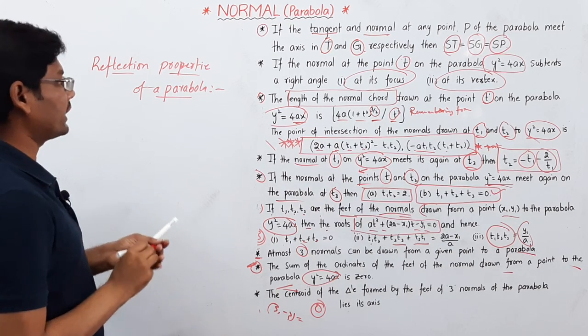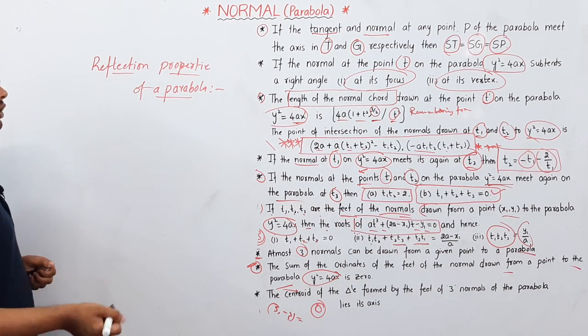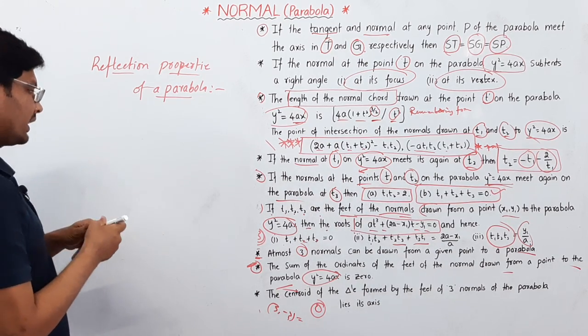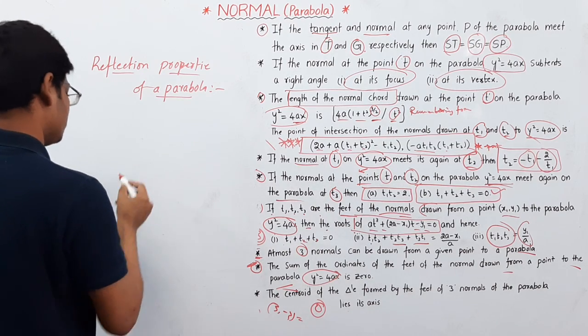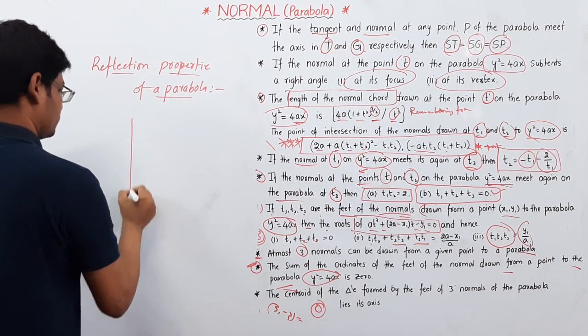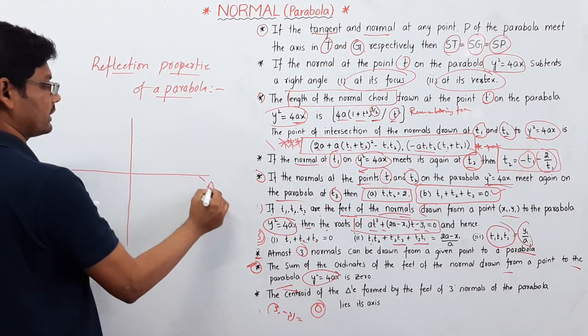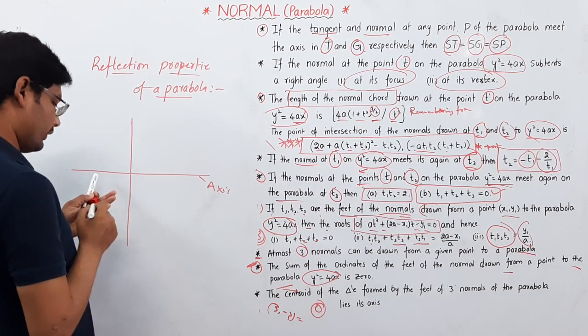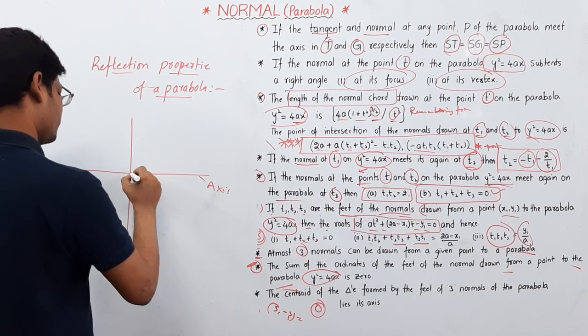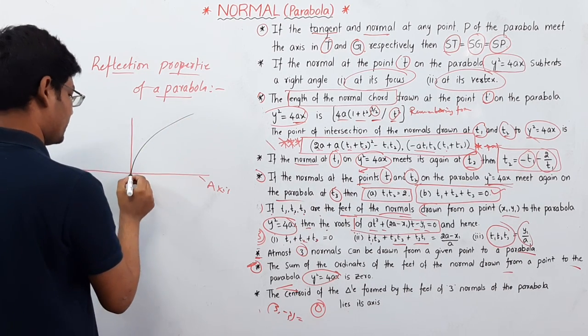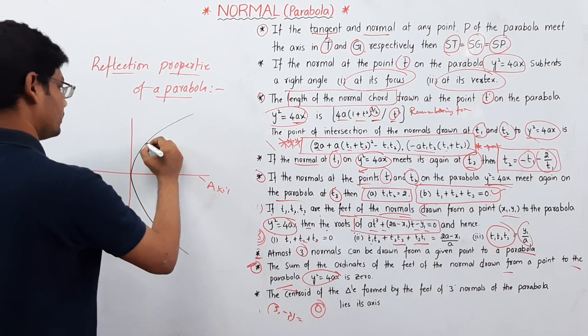If you look at this concept, first of all I am taking a coordinate axis here. This is the axis, and if you take a parabola, this is the parabola I am taking.